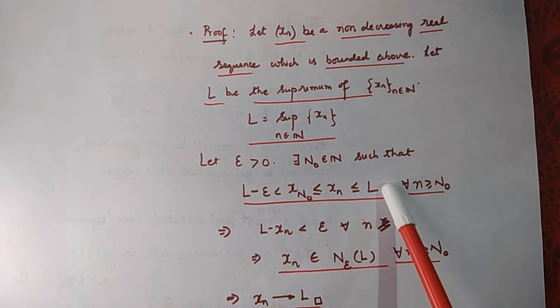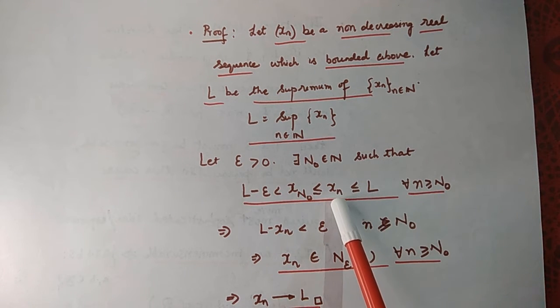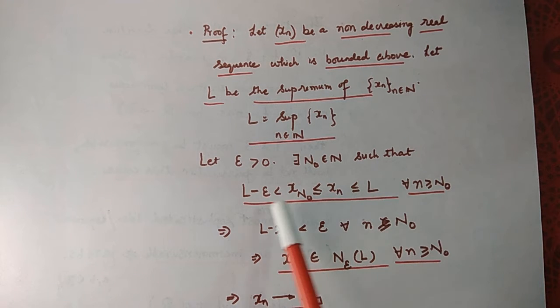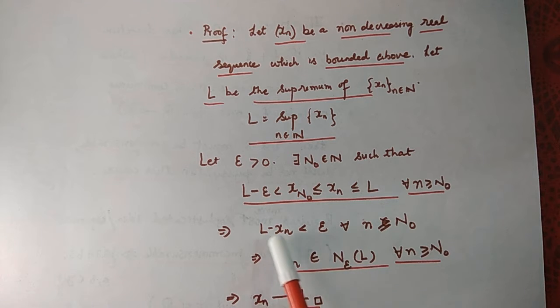So this set of inequalities is justified. Now it is immediate that L minus xn is less than the length of this neighborhood, which is epsilon. So L minus xn is less than epsilon for all n greater than or equal to n naught. This implies that xn belongs to the epsilon neighborhood of L for all n greater than or equal to n naught.